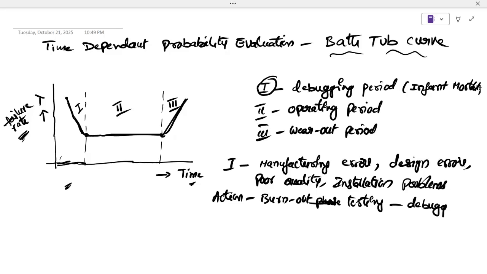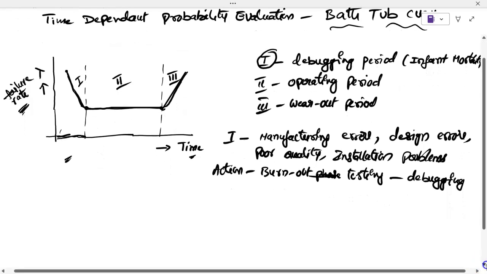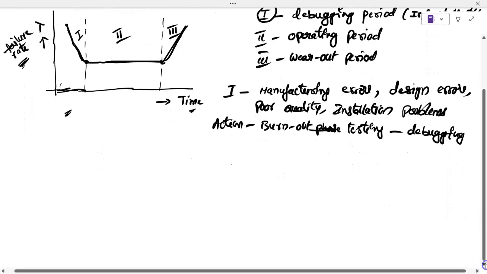If any bug is there, we need to debug it. So if any early failures are there, we can remove and avoid them by using this burn-in testing or debugging analysis.